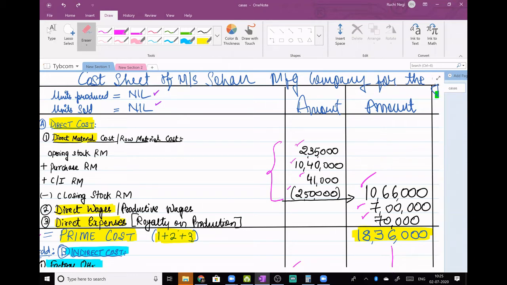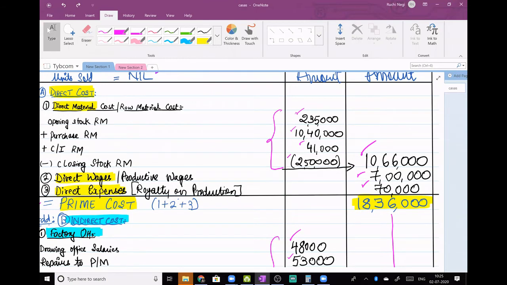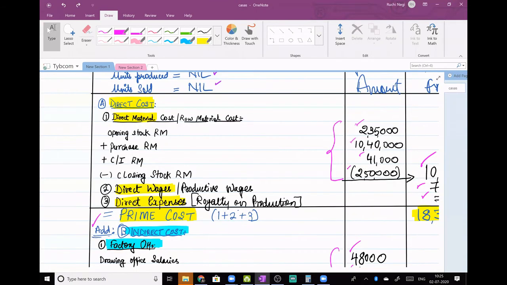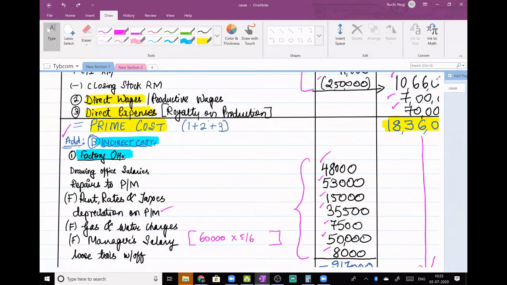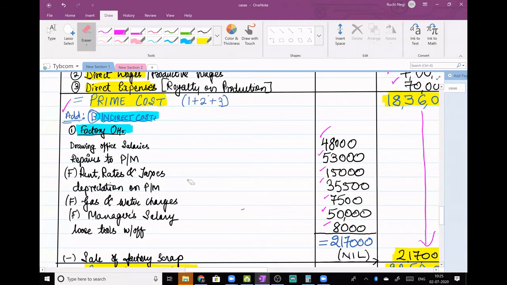Now to the direct cost I will add my indirect cost, then I will get my total cost. So next come to indirect cost. Under that, first one, factory. Write down the total.